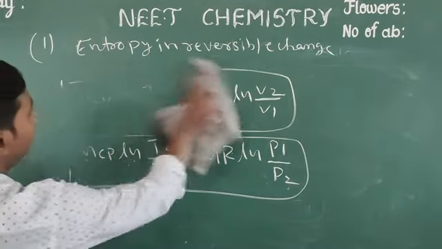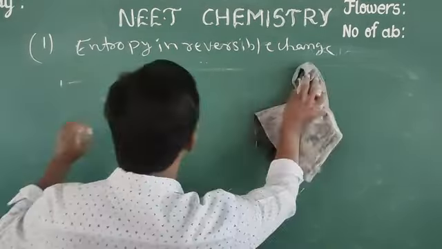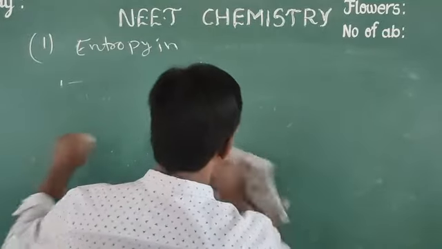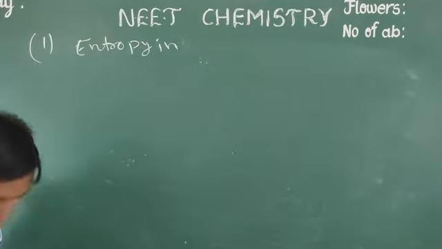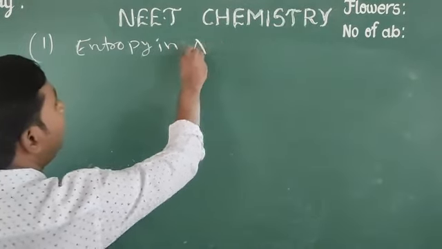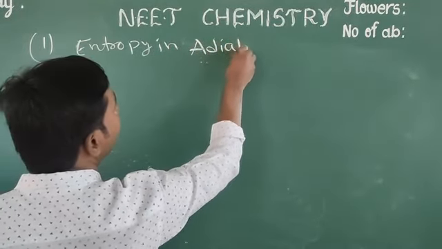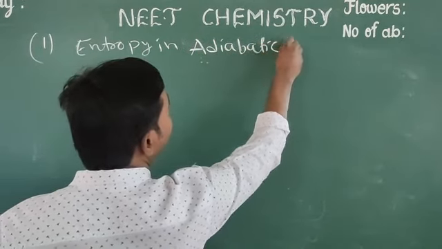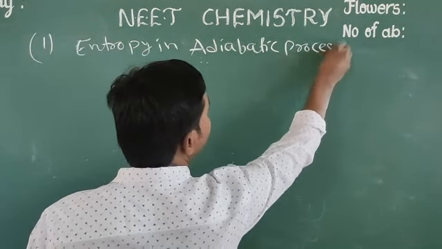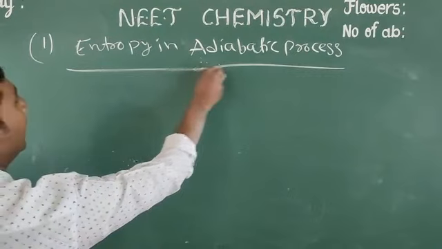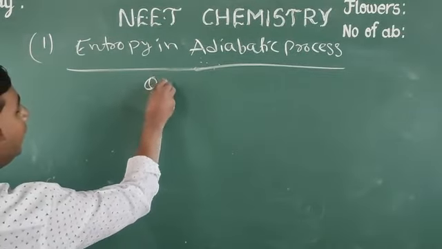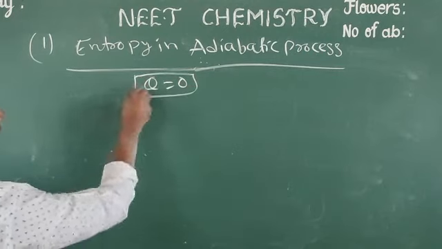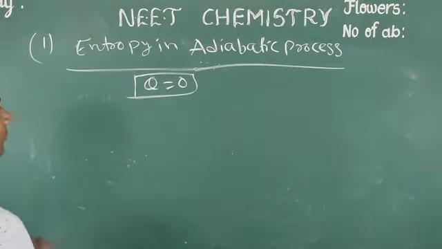Entropy in an adiabatic process. Adiabatic process means Q equal to 0, heat energy exchange is 0.